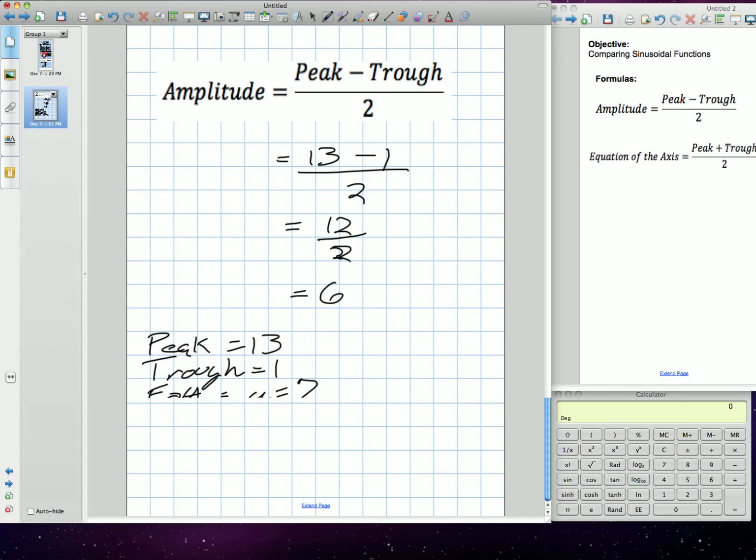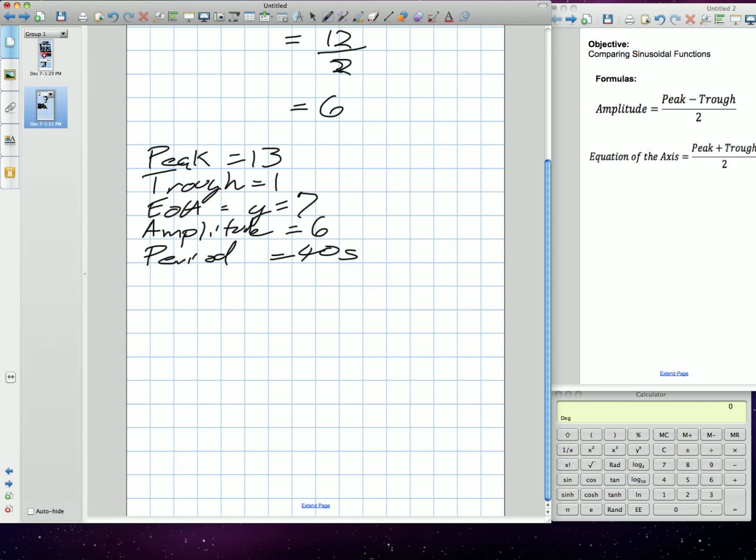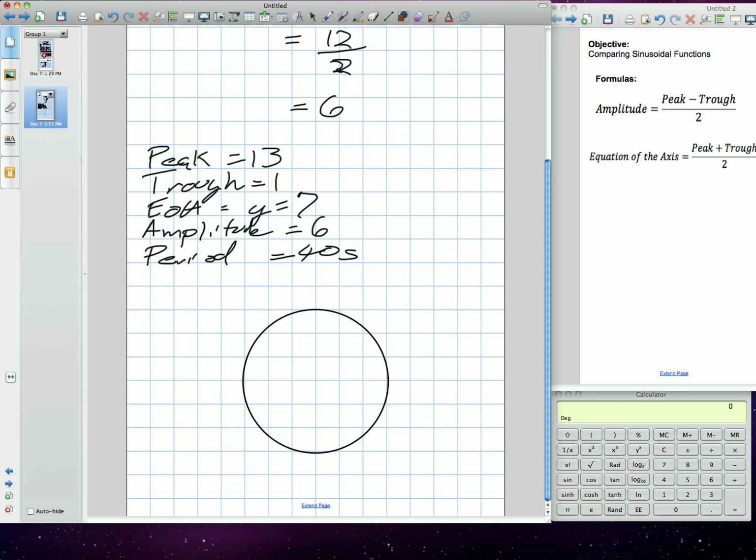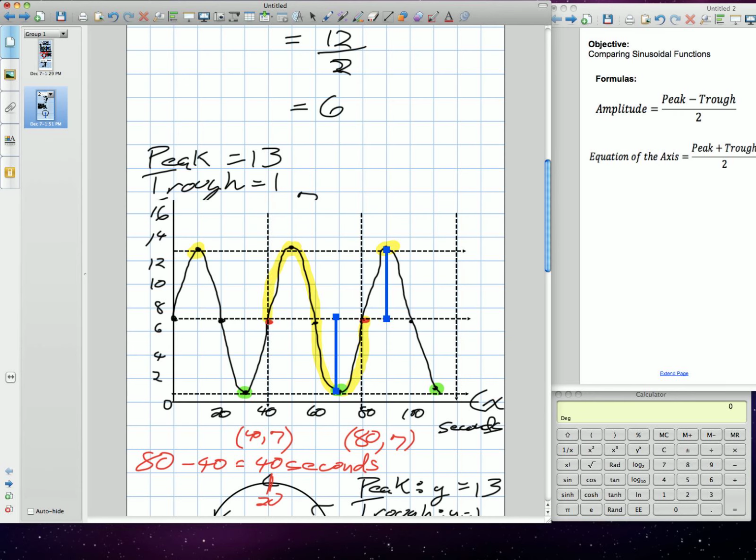What I'm going to do is I'm actually going to try to draw this Ferris wheel and plot out all the points like we kind of did on the other page. Draw it out like a wheel. Yeah, as a Ferris wheel. Okay? So, here's our Ferris wheel.